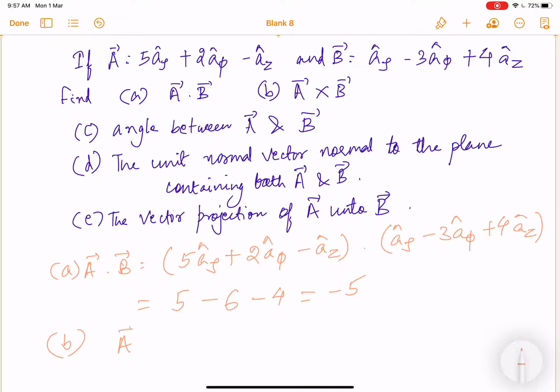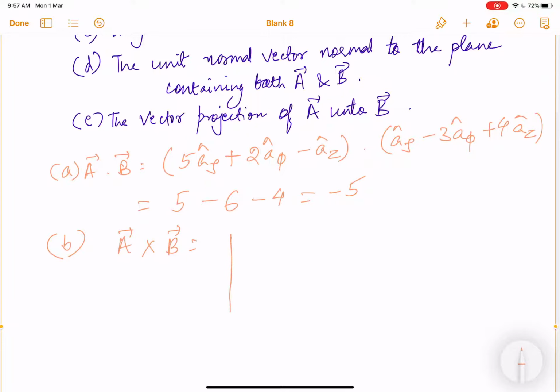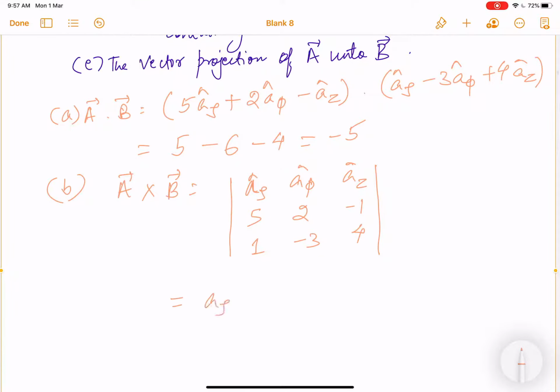Next bit says I have to take out the cross product. Over here also the cross product is simple, because everything is given in cylindrical coordinates and there is no need to do anything else. 5, 2, minus 1, then 1, minus 3, 4. So what am I getting?